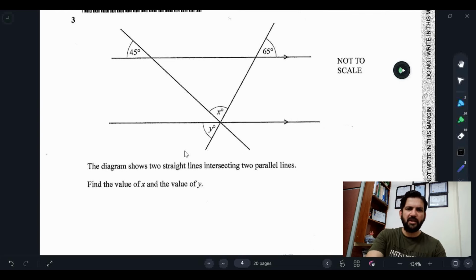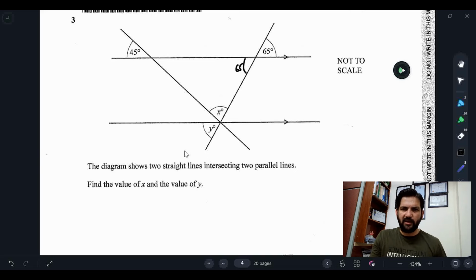In question number 3, the diagram shows two straight lines intersecting two parallel lines. Find the value of x and find the value of y. Now how can we find the value of x and the value of y? We know that these two lines are parallel.